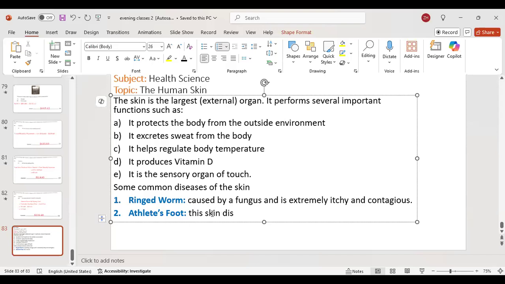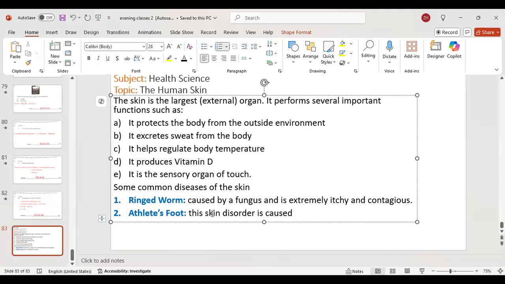All right, so this skin disorder. What is athlete's foot caused by? It's caused by fungus. Okay, y'all ready for the options? Is it caused by a bacteria? Is it caused by a fungus? Or is it caused by worms?